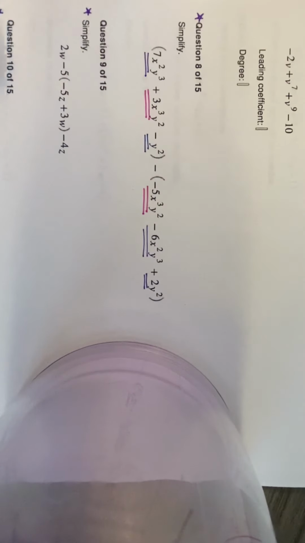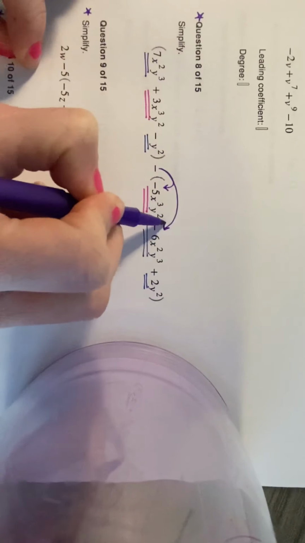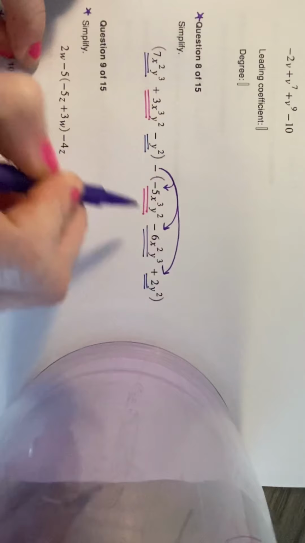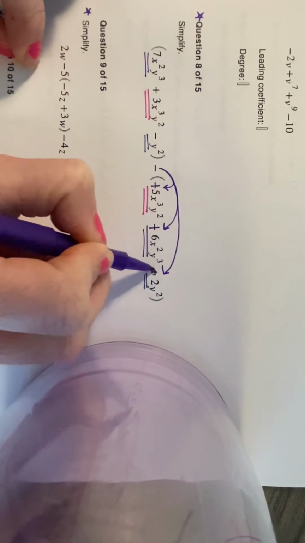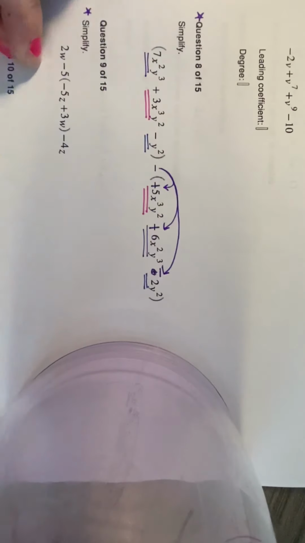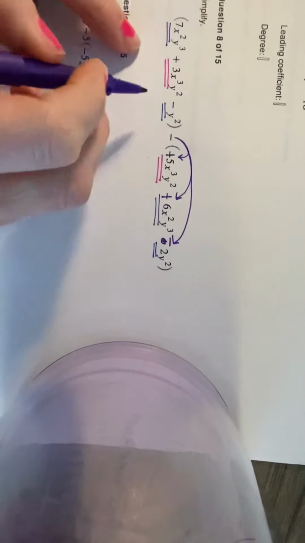The next thing you need to worry about is distributing that negative, which means you're gonna change all the signs. This guy becomes a plus, this guy becomes a plus, that guy becomes a minus. So now let's combine our like terms.